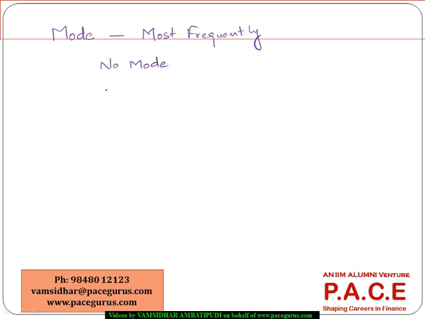There is no one single value which is occurring many number of times. There could be a unimodal where only one value is coming up the maximum number of times. There could be bimodal, two values coming the maximum number of times, or even multimodal, multiple values coming the maximum number of times. So any of them can be very much possible.